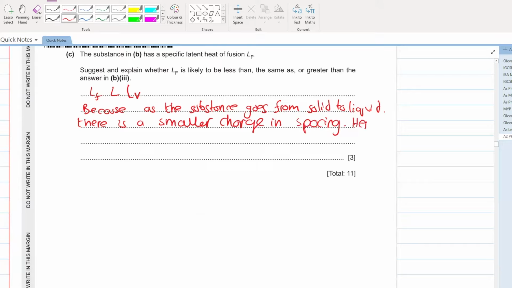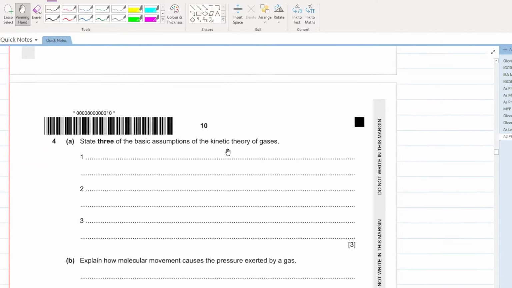Hence, there is a smaller change in spacing. Hence, lesser force or lesser energy is required. And lastly, you can say, hence, latent heat of fusion is less than latent heat of vaporization. Simple. Let's further move ahead.